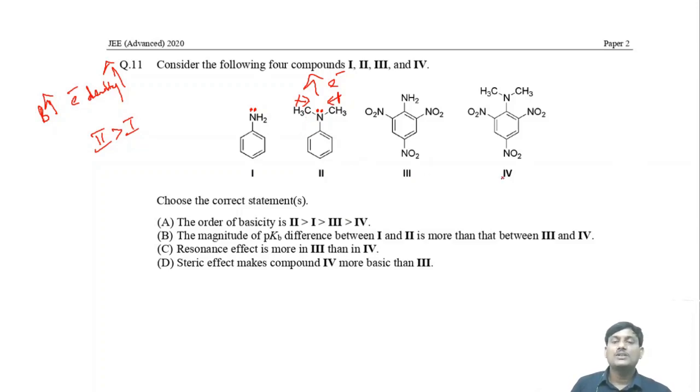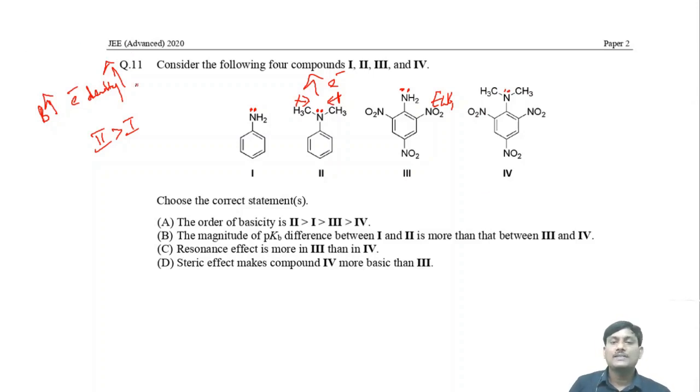And if you take third and fourth, here there is the introduction of electron withdrawing groups, NO2 groups. Obviously, these groups decrease the electron density on the NH2 group, on nitrogen. So 3 and 4 should be less basic than 1 and 2.